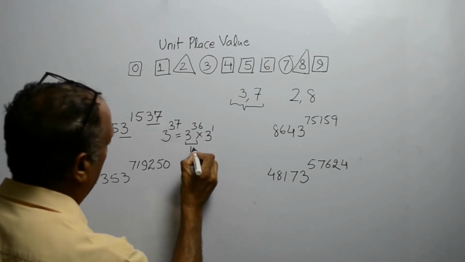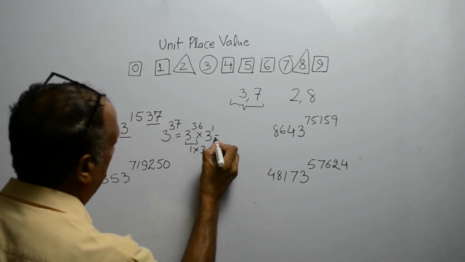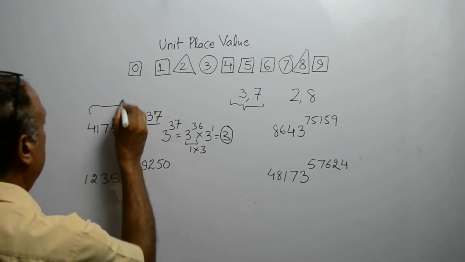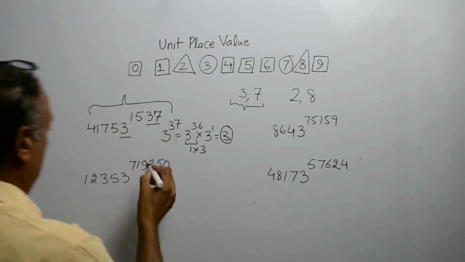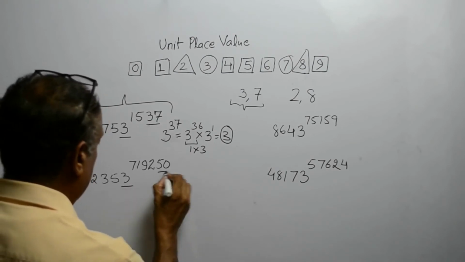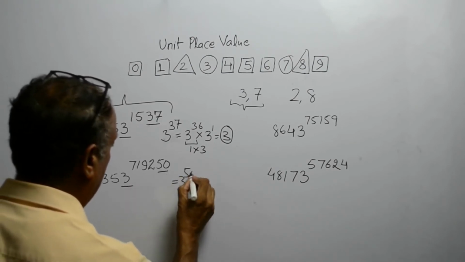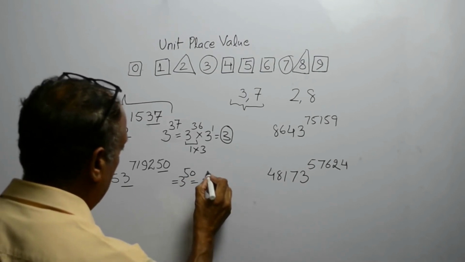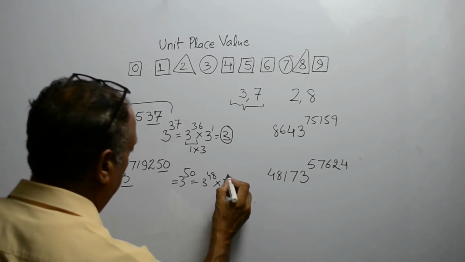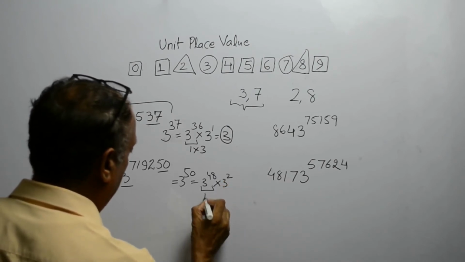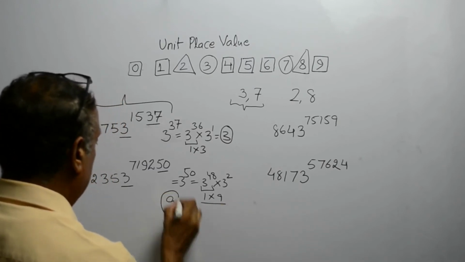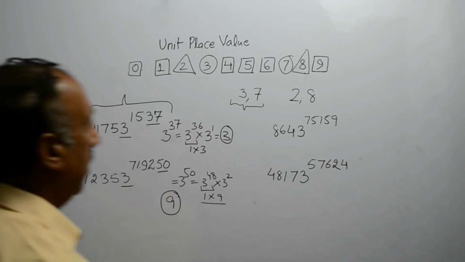So 1 multiplied by 3 is equal to 3, the last digit of this expression. Now here we have to solve 3 raised to power 50, which is equal to 3 raised to power 48 multiplied by 3 raised to power 2. So 1 multiplied by 9. So 9 is the last digit of this expression.